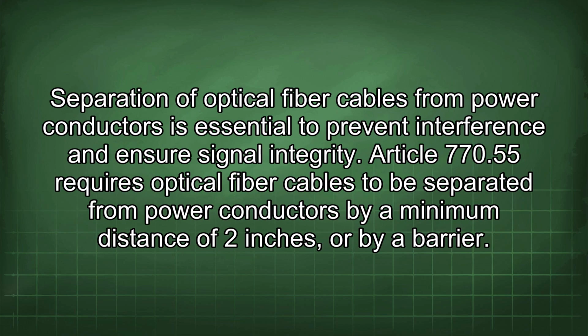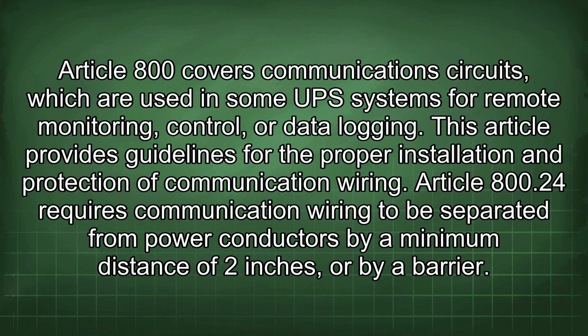The raceways must be installed in accordance with the applicable requirements of Chapter 3 of the NEC. Separation of optical fiber cables from power conductors is essential to prevent interference and ensure signal integrity. Article 770.55 requires optical fiber cables to be separated from power conductors by a minimum distance of 2 inches, or by a barrier. Article 800 covers communication circuits, which are used in some UPS systems for remote monitoring, control, or data logging.